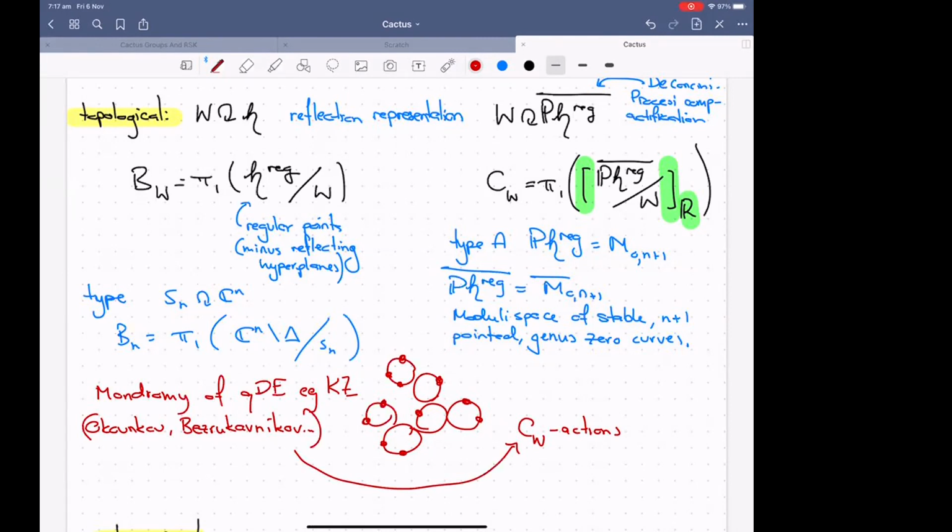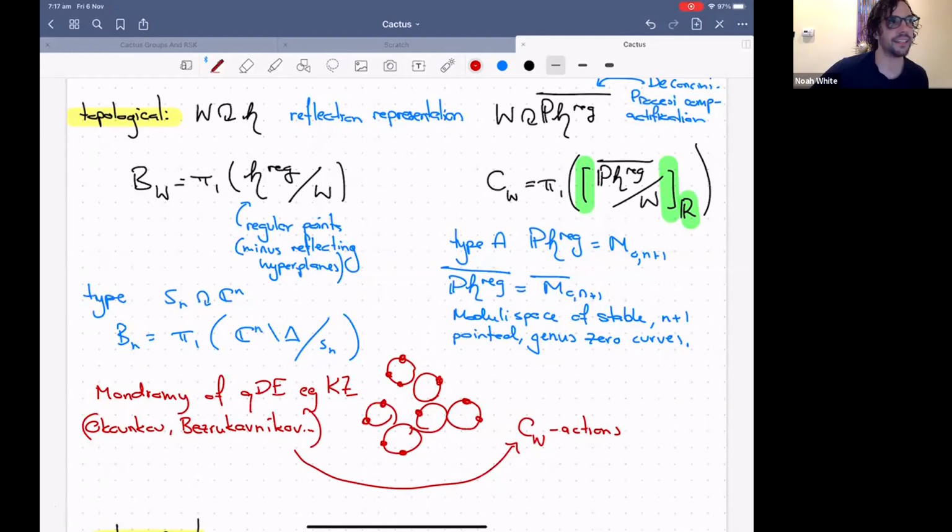Except that the QDE that you just mentioned are actually trigonometric, so they tend to give rise to monodromy actions of affine braid groups, not finite braid groups. Right, exactly. But you can take the degeneration to the rational. So you might as well start with rational type differential equations. Yes, you're right.